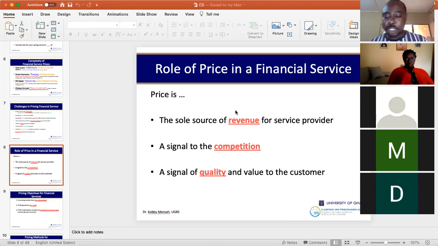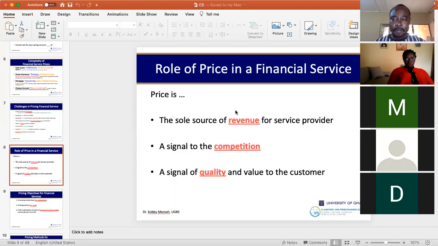What about competition? Who can explain it? I think competition in the sense that your pricing can make you ahead of the competition or behind the competition.